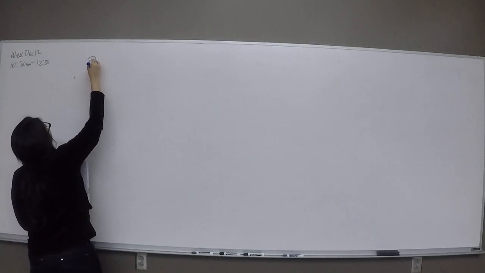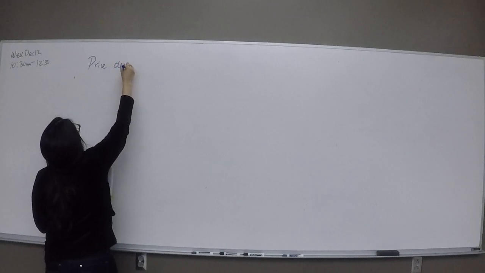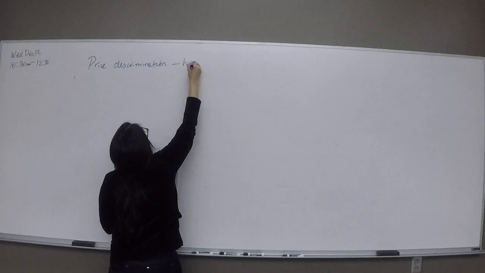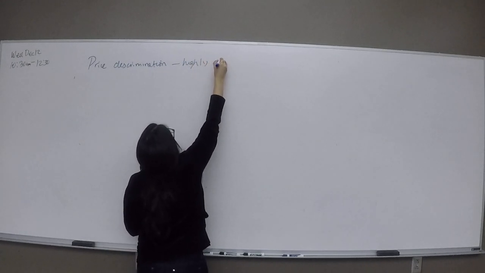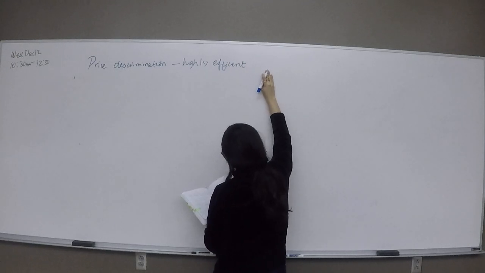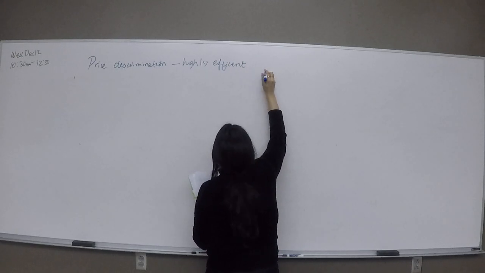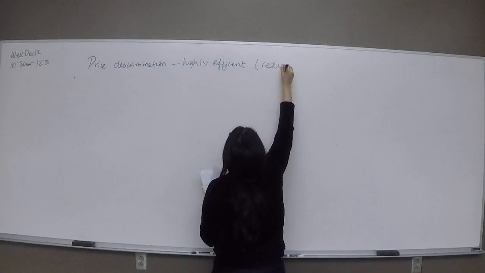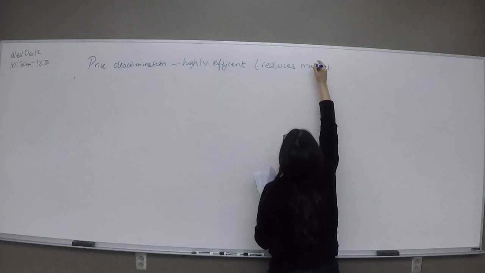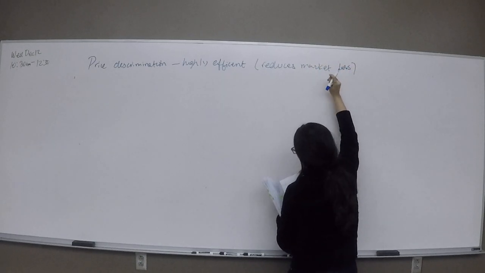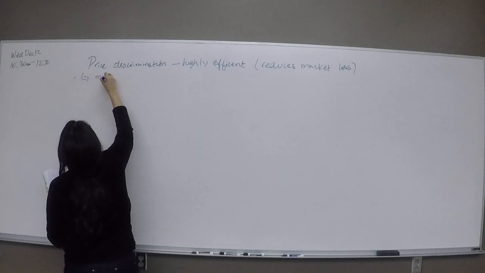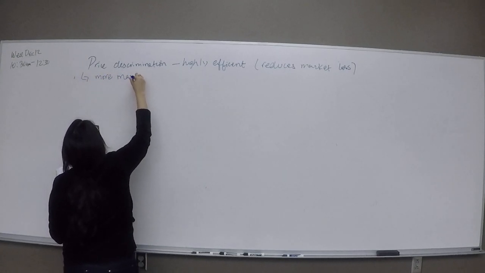So price discrimination is highly efficient. It reduces market loss, meaning more market transactions.